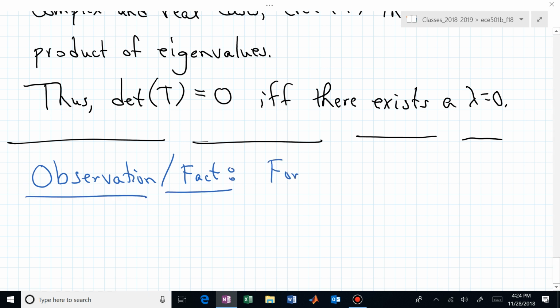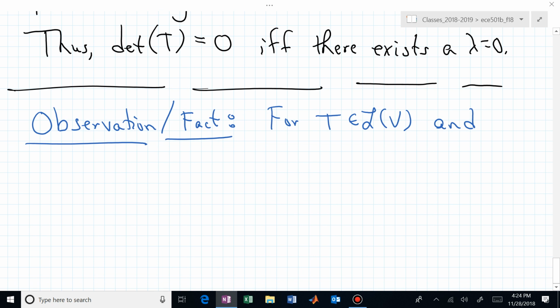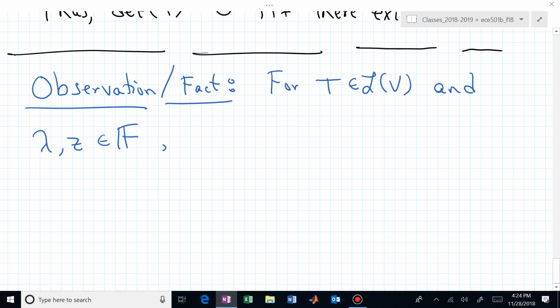For T being a linear operator on V, and if we now have two scalars, lambda and z, from our field of numbers F, then we can make the following connection.